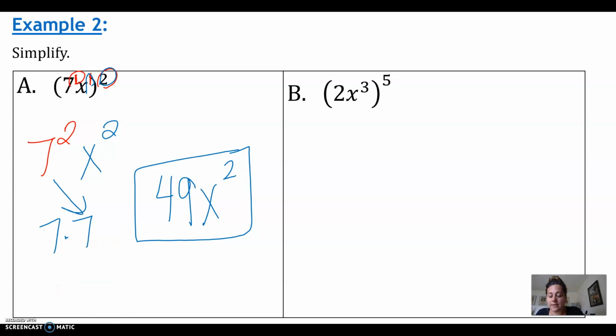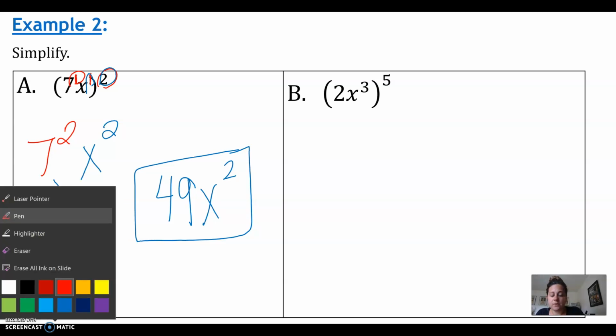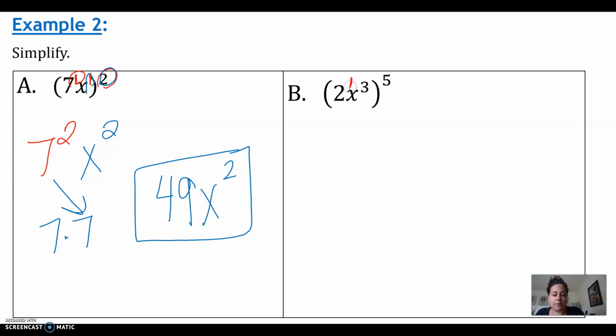So let's look at the next one. Let's put a 1 right there. So you have a base of 2. Go 1, 5 makes 2 to the 5th. And we're going to do the 3 and the 5, x to the 15th. Now again, that is not fully simplified.